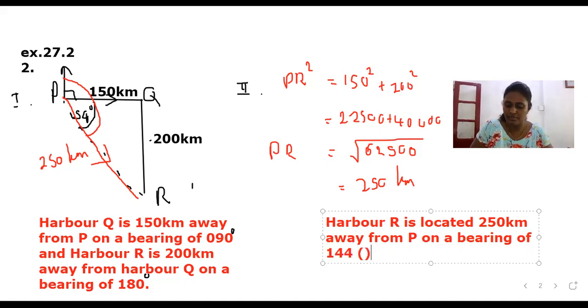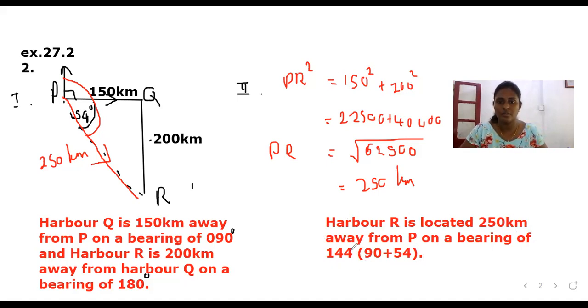How does 144 come? 90 plus 54. This is how you are getting the answer for Roman number 2 of the second question. Hope all of you understood this.